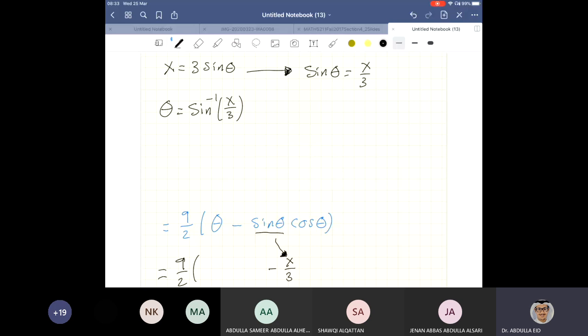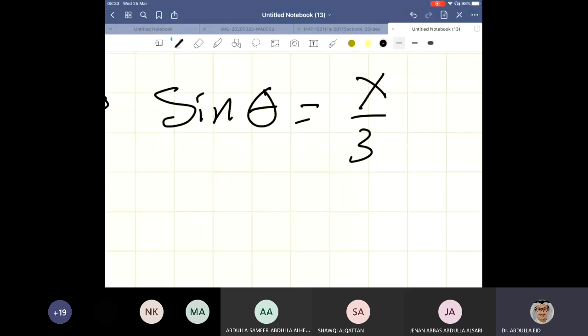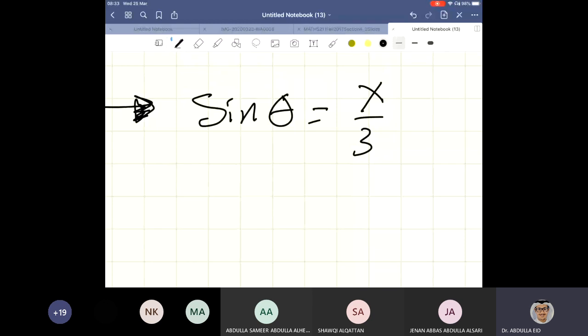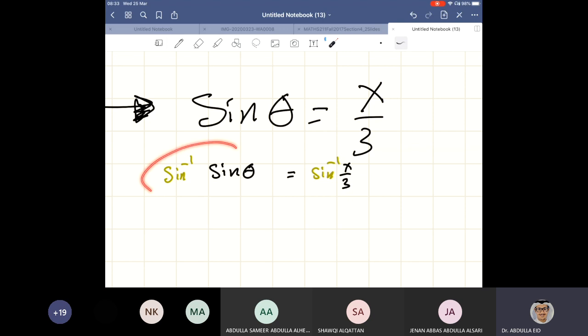Now, how can I get this? You can just do it very simply by taking sine inverse of both sides. So if you put sine inverse on both sides, here is sine theta and here is x/3. Now you know that sine inverse and sine will go away.